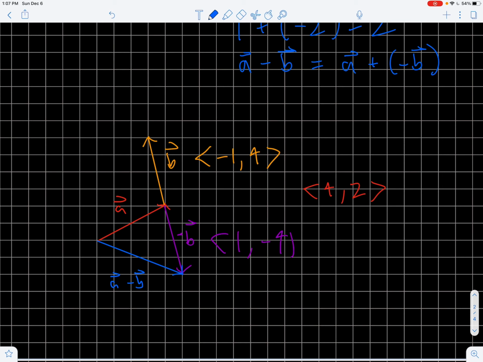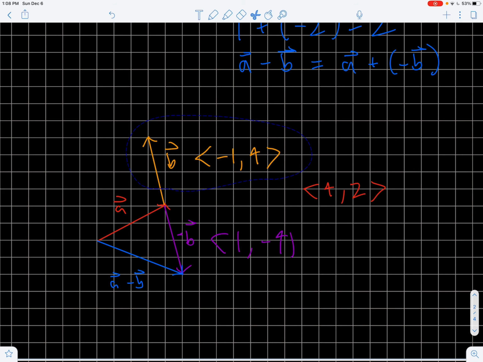Now, geometrically, there is another way to interpret this. You can either think of it as from the tail of the first vector to the head of the negative vector, or you can think of it from the head of this vector to the head of this vector when they're tail to tail. Let me show you.